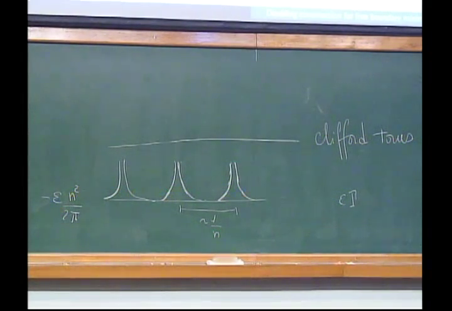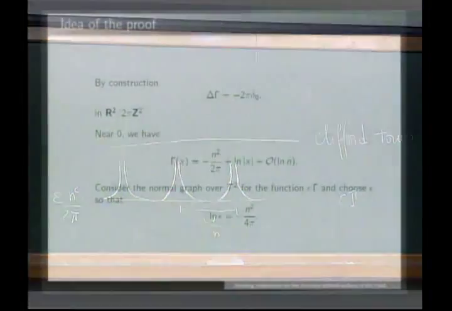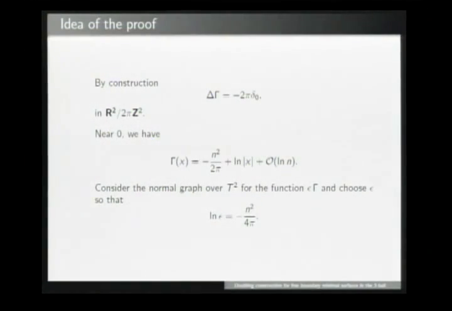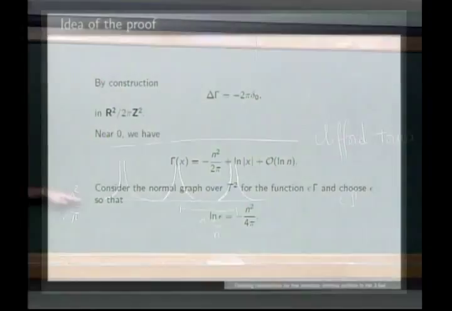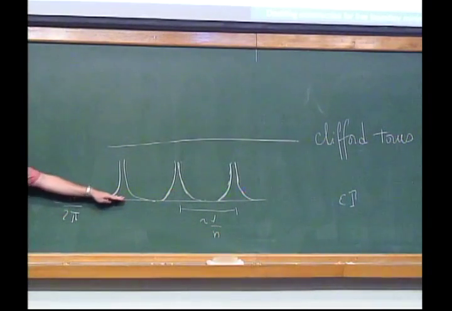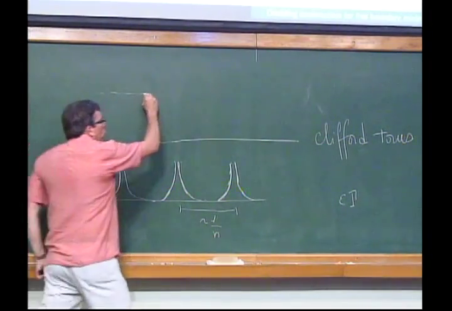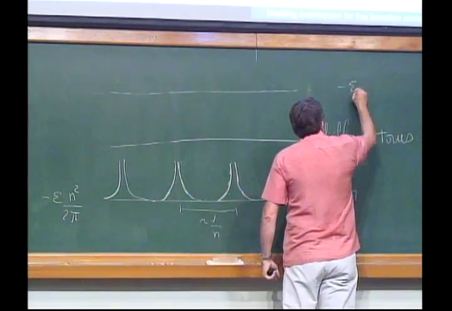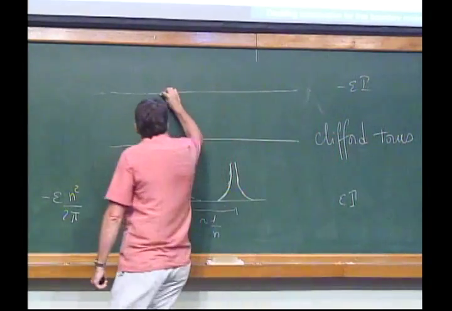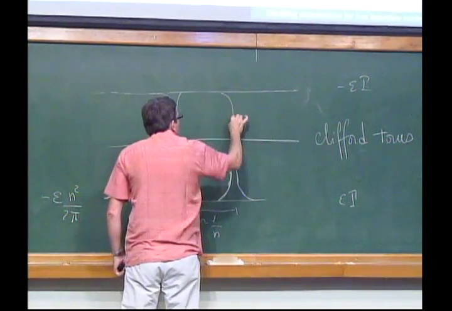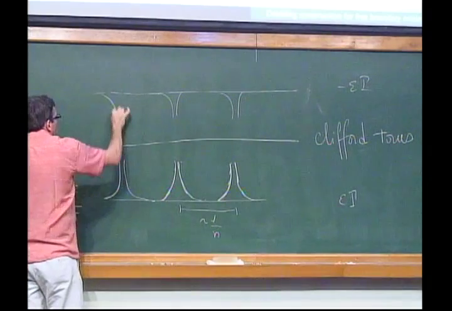Okay, so you see the effect of putting a lot of singularities here: this constant is quite large, and even multiplied by epsilon gamma, it lowers the graph a bit. So if you compute the graph of minus epsilon gamma, it will be like this. This is the normal graph over the torus.